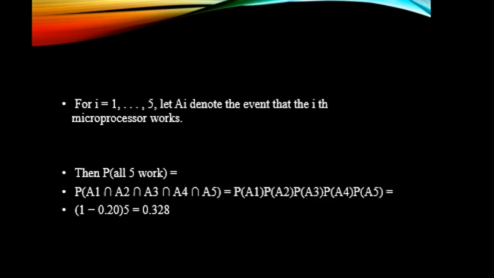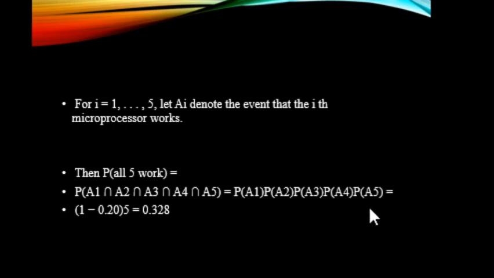Okay, so we can use the same rule, the intersection of independent events and multiplying the probabilities, but this time we need to first figure out the probability that they will work. So the probability will be the intersection of A1, A2, A3, A4, and A5, where A1 is that the first microprocessor works, the second one works, and so on and so forth.